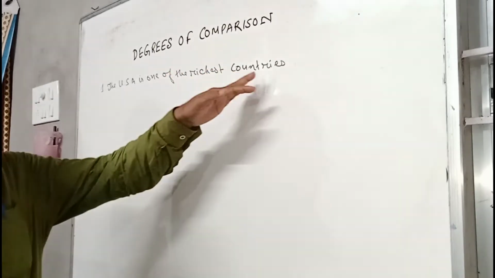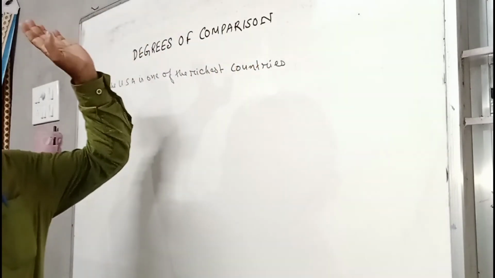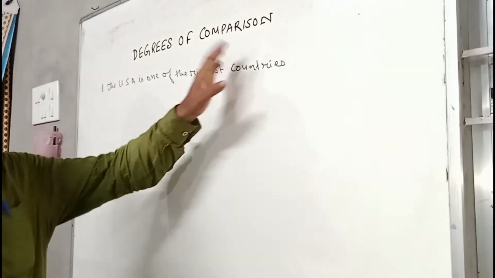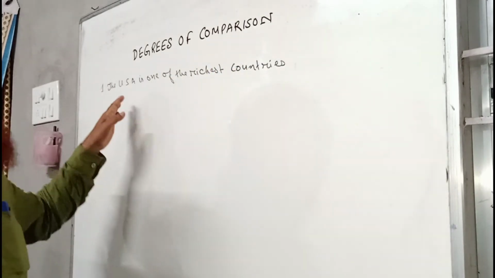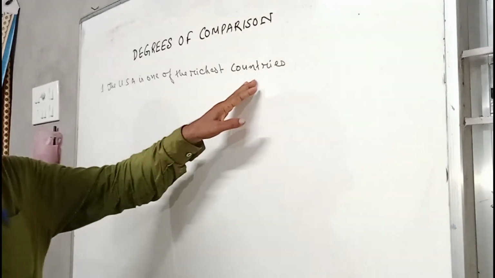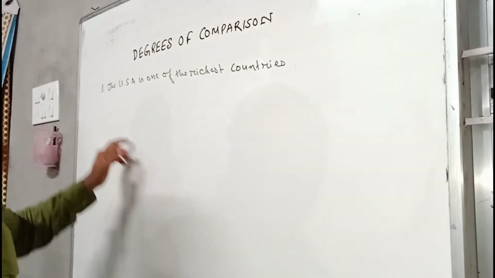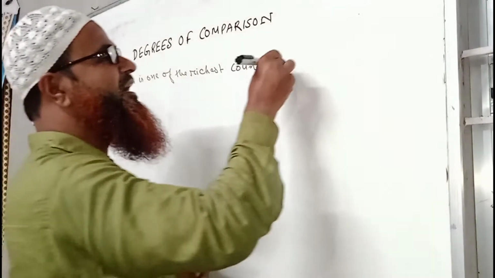That is why we have to use the plural form of countries. But in the previous rule, we did not use the plural form of this noun. We only wrote the singular form. So this is also a difference, and we have to notice it. So the USA is one of the richest countries in the world.